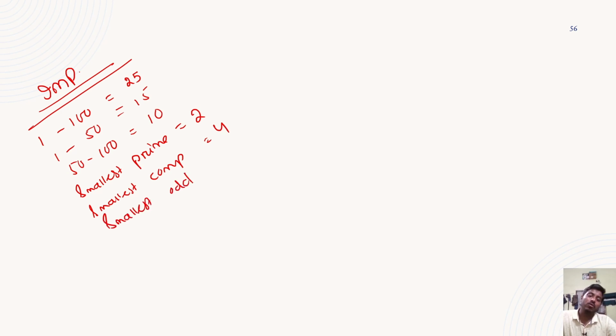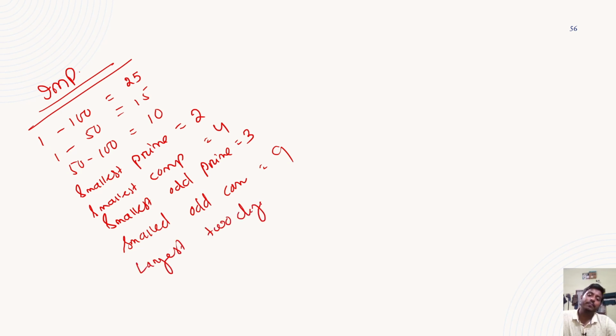The smallest odd prime number is 3. The smallest odd composite number is 9. The largest 2-digit prime number is 97. The largest 2-digit composite number is 99.